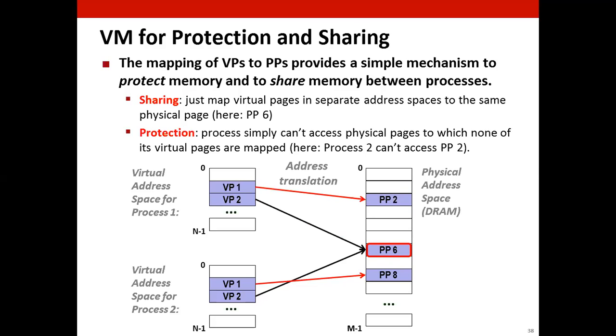And since these processes have pages of their own, they have the illusion that they are the only process running in this address space and that no other process has an address space.